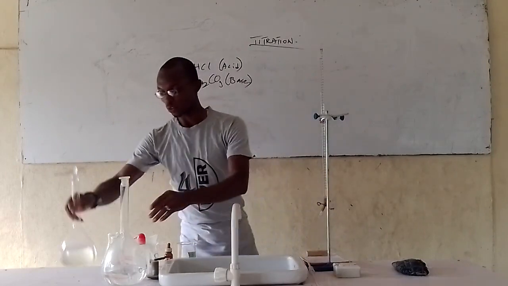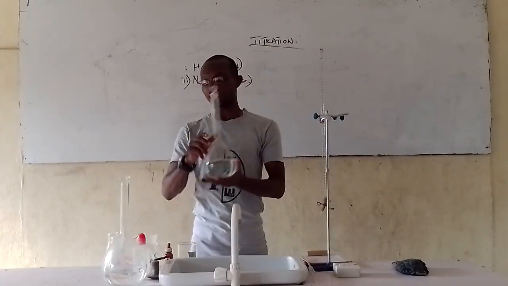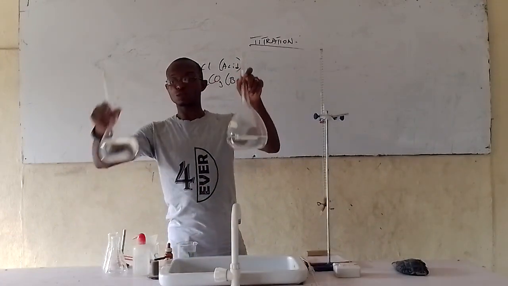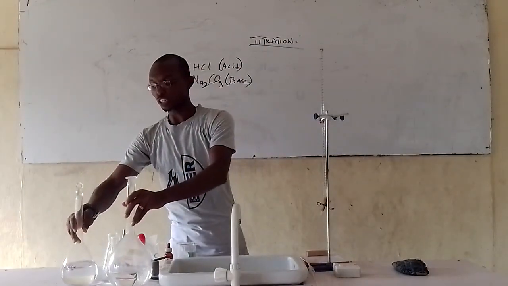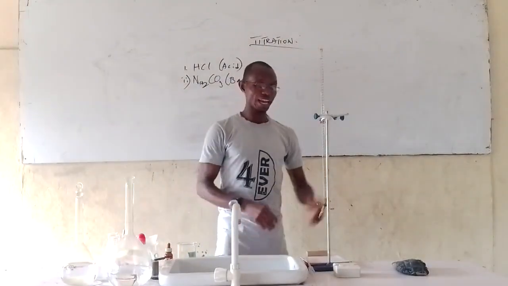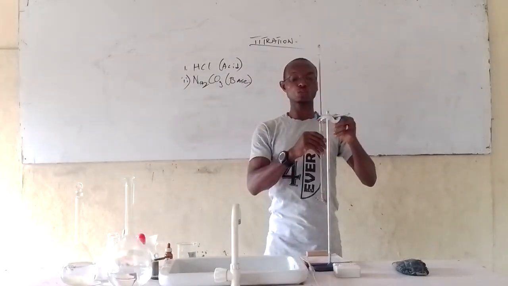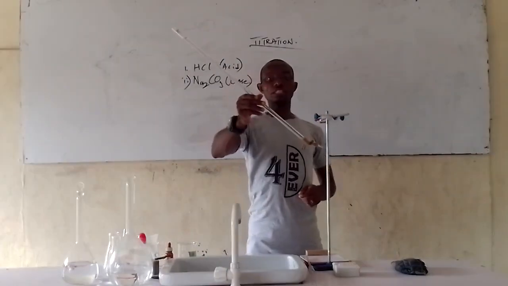Here I have my prepared solution for the acid, and here is my prepared solution for the base. These containers or glasswares are called volumetric flasks. Now, I have here my retort stand, and this particular glassware that I am holding is called the burette.